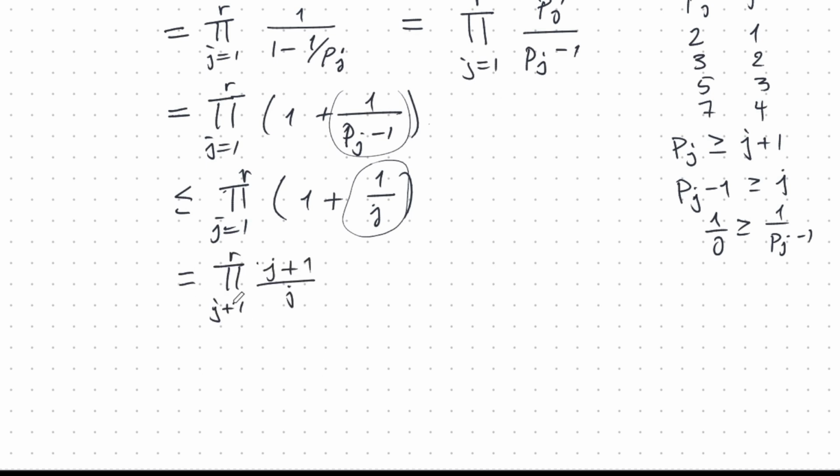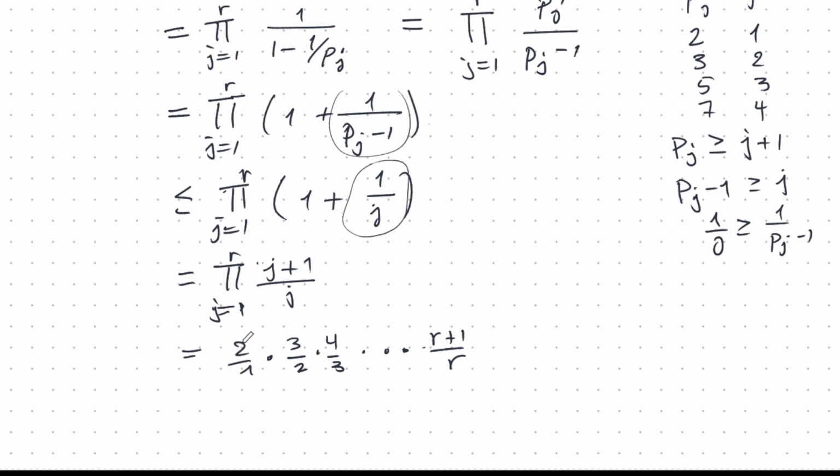So we have the product from j = 1 to r of (j plus 1) over j. Great. And we can start to compute this. So that's 2 over 1 times 3 over 2 times 4 over 3 times and so on until (r plus 1) over r.